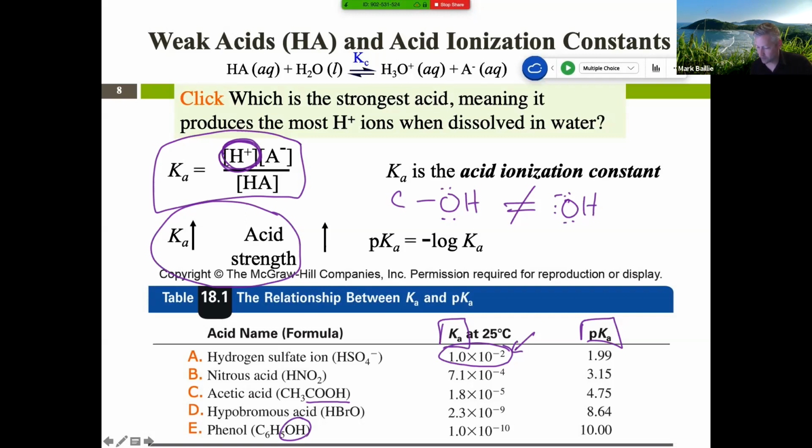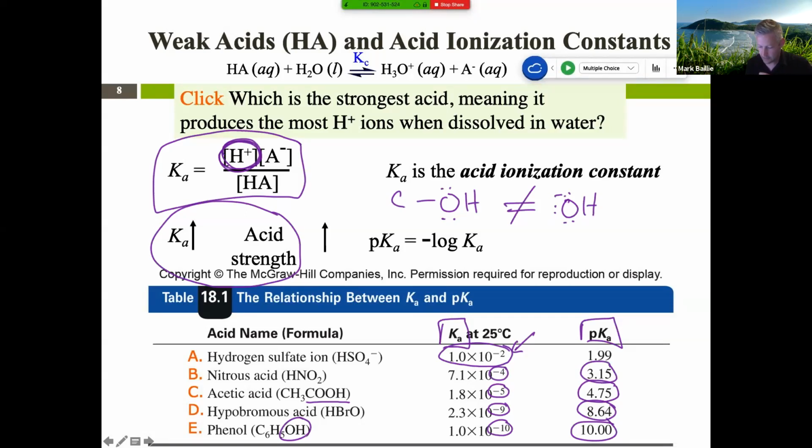So what you're going to start to notice with these Ka and pKa values is that the exponent, the -5, the p of that value is going to be fairly close. So 10 to the -9th, this is about 9. 10 to the -10th, that's 10. 10 to the -4th, that's somewhere close to 4. So you can start to make some connections with what logarithms actually are telling you there.